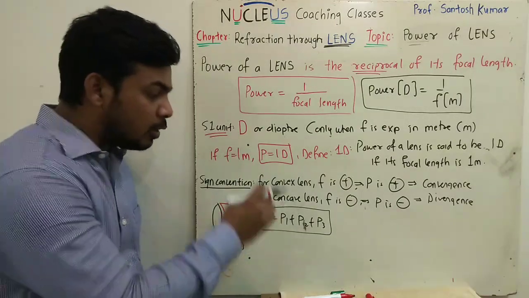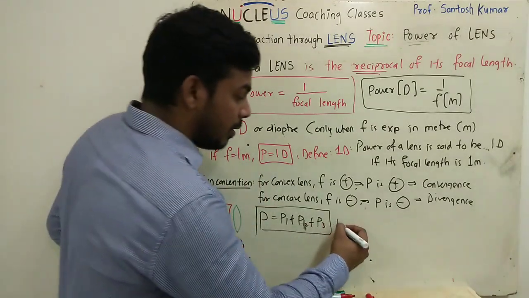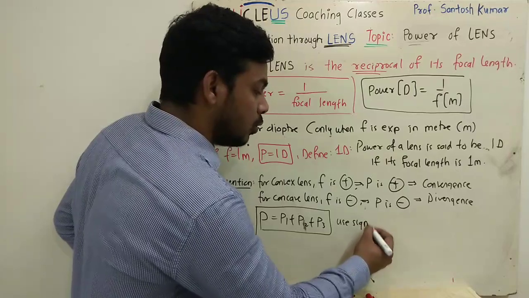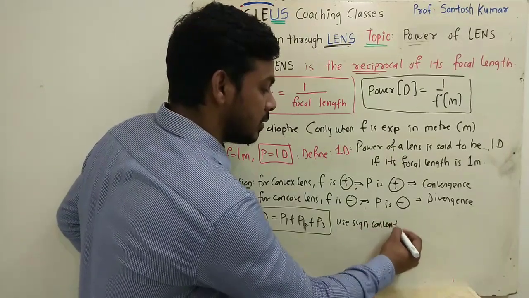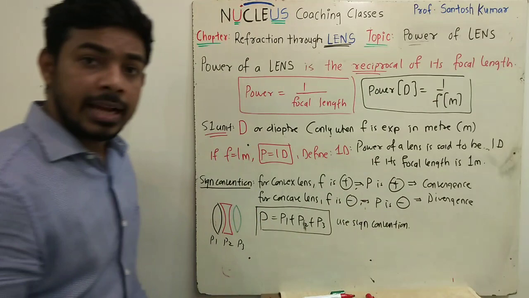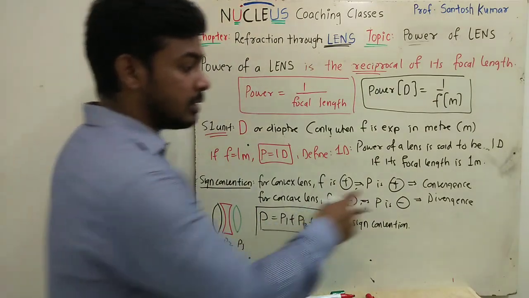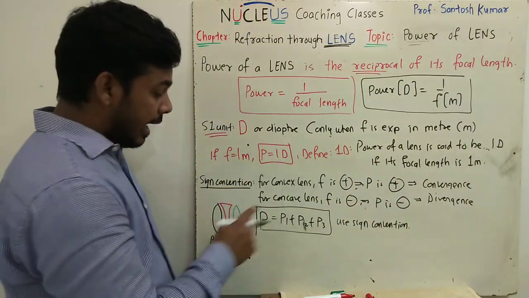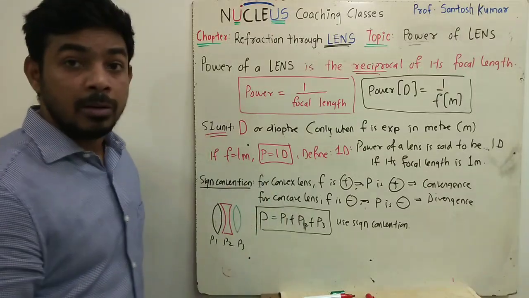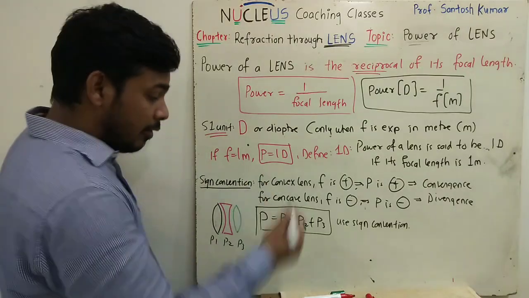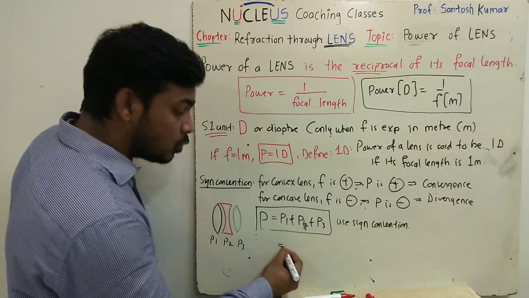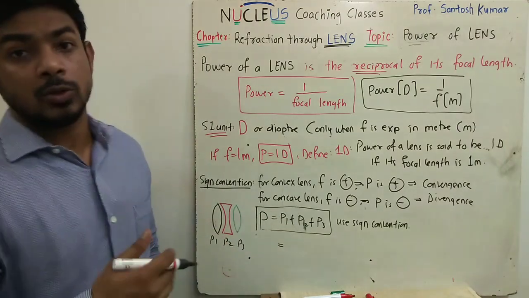But whenever you are using this formula, remember you have to use sign convention. What I mean to say is that if a lens is convex, the power will be positive, and if the lens is concave, the power will be negative. And using this formula, I can also get the effective focal length of the lens.